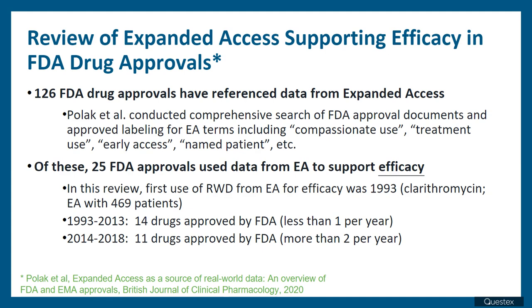And actually, last year, there was a pretty nice review published in the British Journal of Clinical Pharmacology entitled Expanded Access as a Source of Real-World Data, an overview of FDA and EMA approvals.